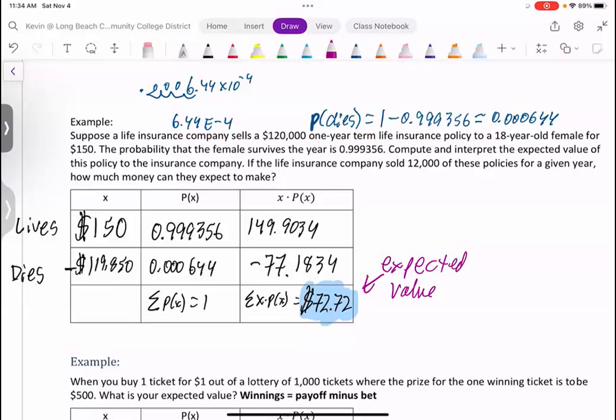And most of the time, these women live. So we're just collecting $150 from each one. On very rare occasion, an 18-year-old woman would die. Now, when that happens, we have to pay a lot of money out. So on average, how much would we say each policy is worth? We're making about $72.72 on each of these policies. And this is per female.